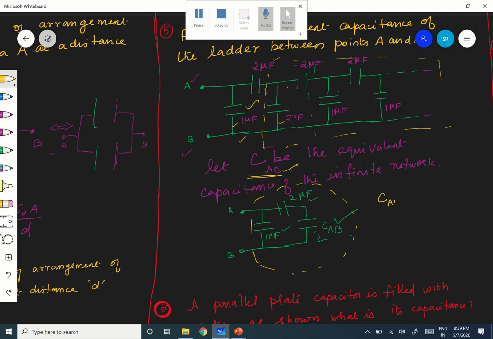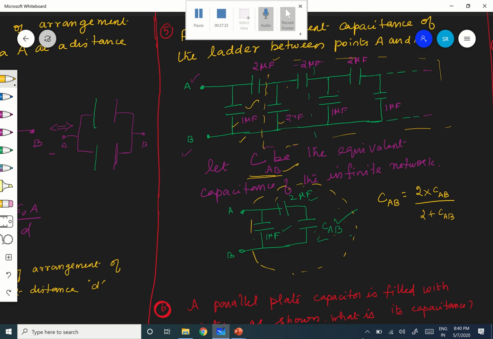CAB is equal to, what is the series combination of 2 and CAB? It is C1 C2 by C1 plus C2 in series. Therefore 2 into CAB divided by 2 plus CAB. This is the series combination of 2 microfarad and CAB.